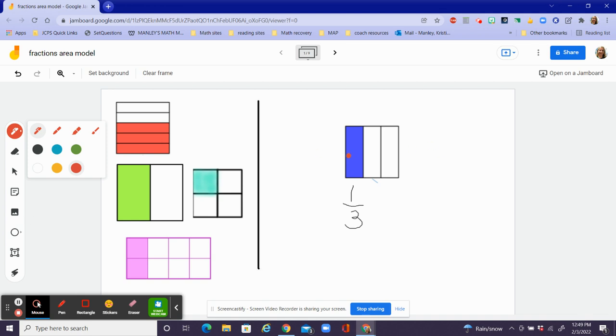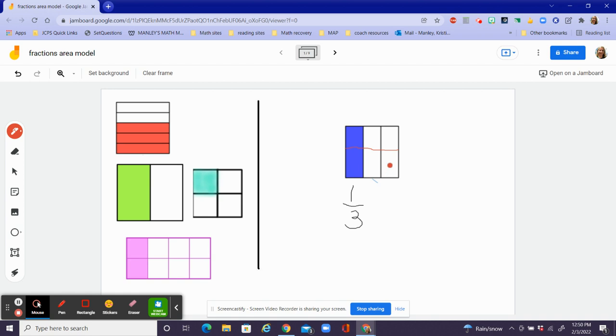So let's say I come over here and I'm now going to draw a line across the middle. Same whole that I'm talking about, my 1 square. Now, how many pieces do I have? Well, let's count them. 1, 2, 3, 4, 5, 6.